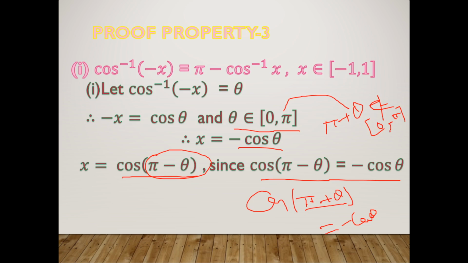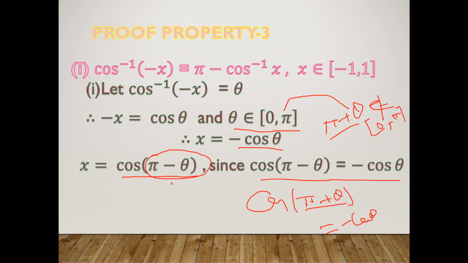So pi plus theta is not in this interval, that's why we didn't consider pi plus theta here. So we have considered pi minus theta, because cos of pi minus theta is equal to minus cos theta, and pi minus theta must lie in the interval 0 to pi for all values of theta from 0 to pi.